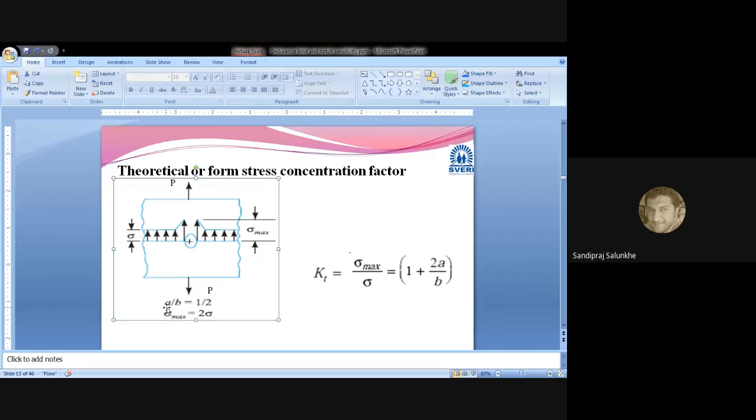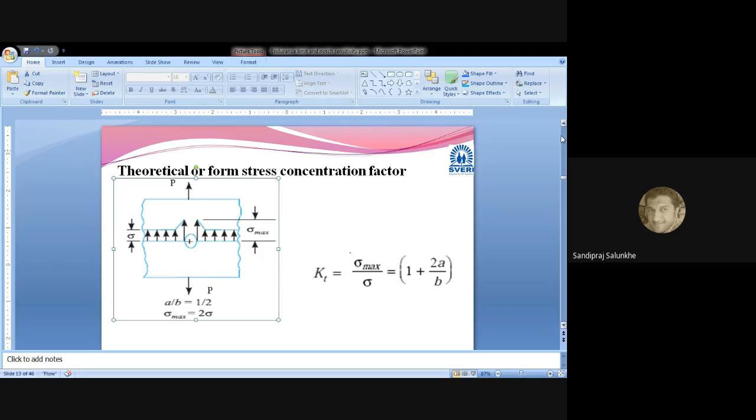If the a by b value is 1 by 2, sigma max has a value equal to twice of sigma, that is, the maximum stress is equal to twice the normal stress. That's why the further calculations are done here. Getting me? The only thing is that we have to understand what the theoretical stress concentration factor is. It is the maximum stress generated in or near the change in geometry to the normal stress.